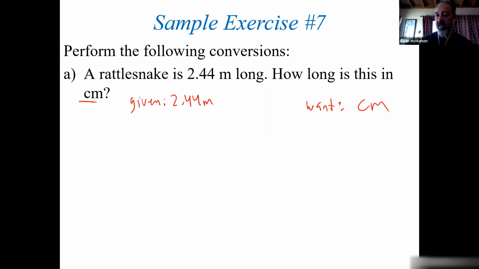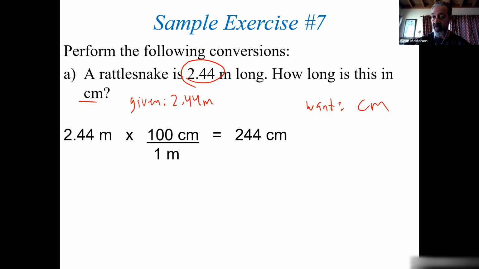2.44 meters. So meters to centimeters is within the metric system. So that conversion is going to be treated as exact. I will not use it for sig figs. So what will I use? Do I know how many centimeters are in a meter? I like keeping the exponents positive, so there's 100 centimeters in 1 meter, right?